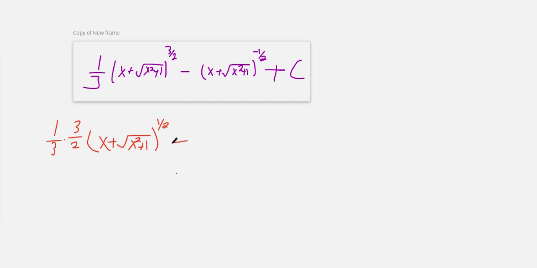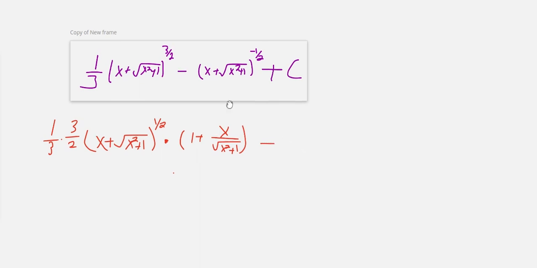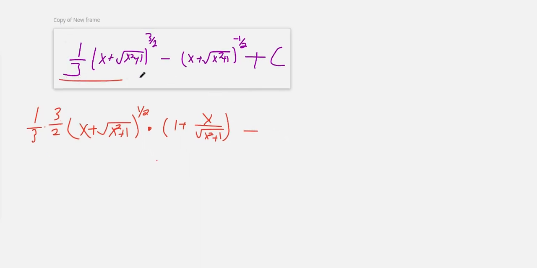Oops, I forgot. Now we have to multiply, so that was basically the power rule. Now we have to multiply by the derivative of this part, which is 1 plus x divided by the square root of x squared plus 1. And so that is this term differentiated.